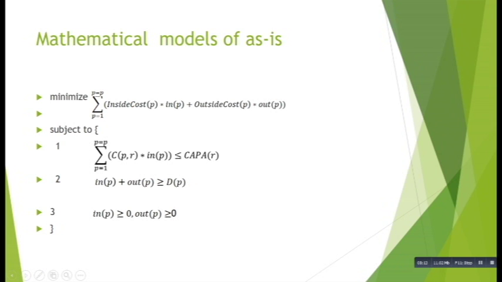In order to make the inside product, they have to limit the capacity of different resources. And the second one is the number of inside and outside products. They have to meet the demand of the customer.